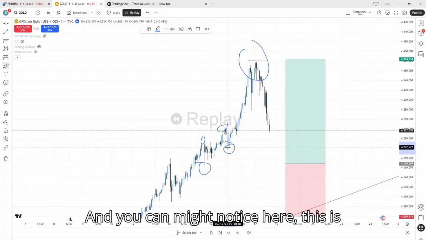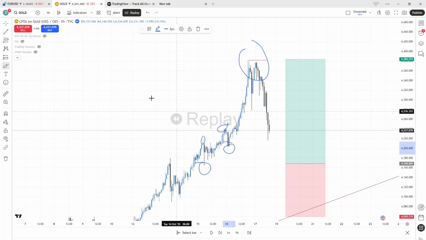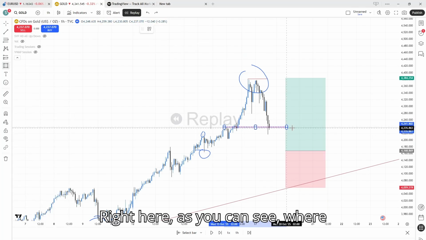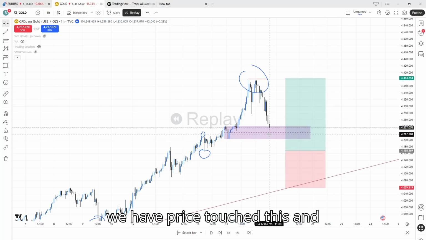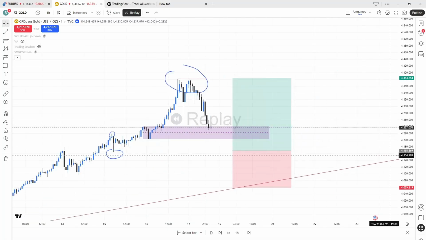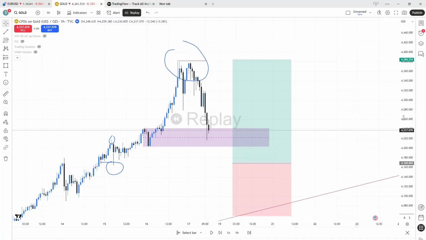And you might notice here, this is very bullish also, right? Right here, as you can see, where price touched this and gave that big rejection to the upside, right?